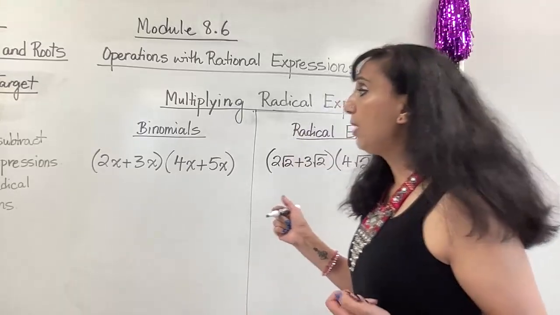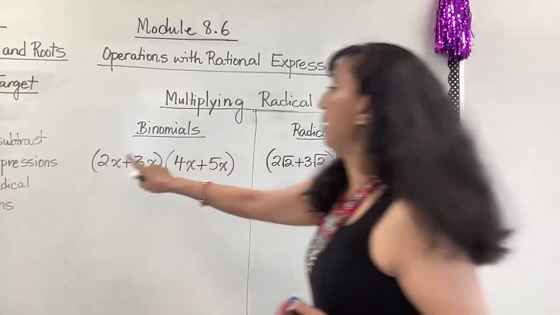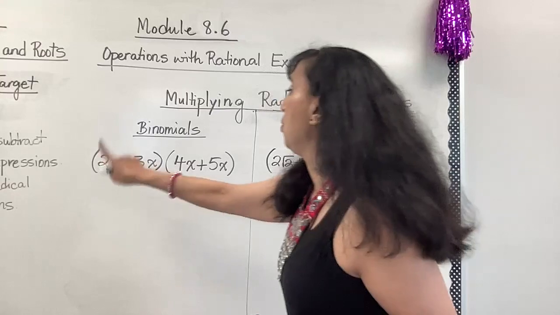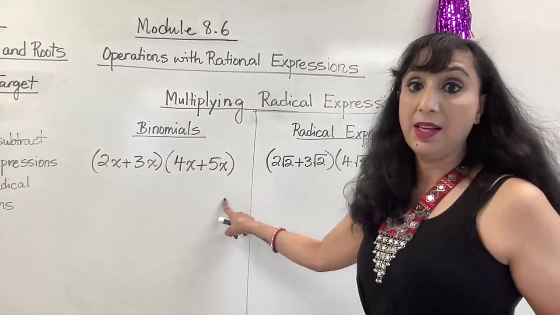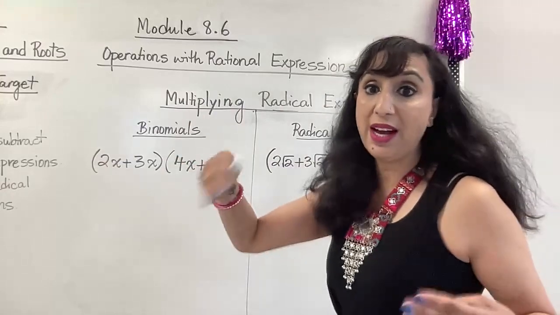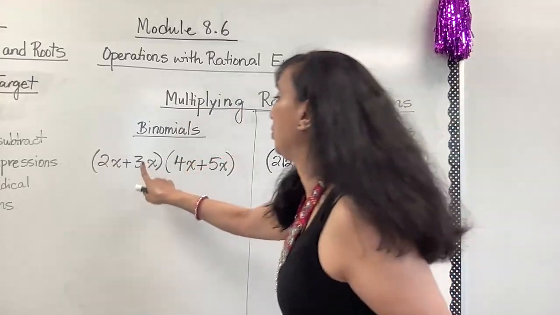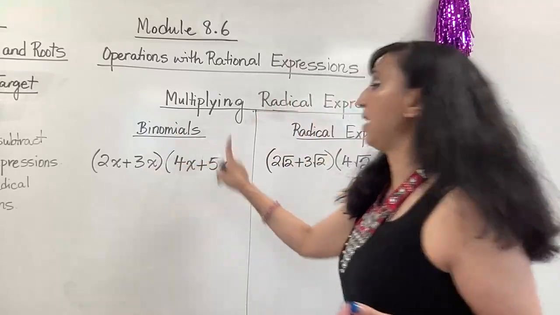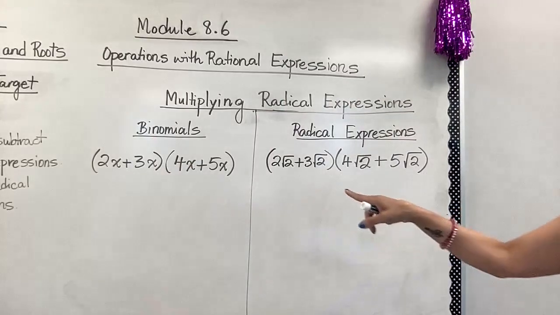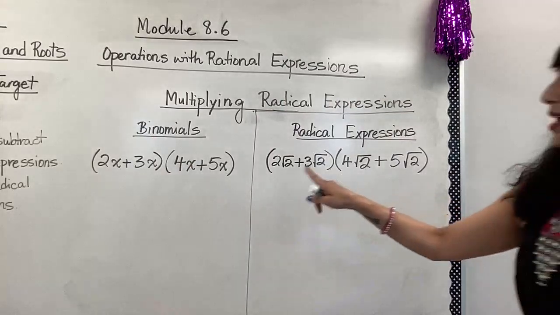So for distributive property, I am going to multiply the 2x with the 4x and then 2x with the 5x. Then, because each factor has to be multiplied, I'm going to do the 3x times the 4x plus 3x times 5x. Okay? So let's go ahead and do that.